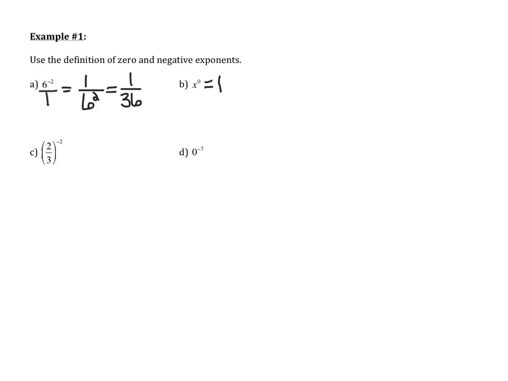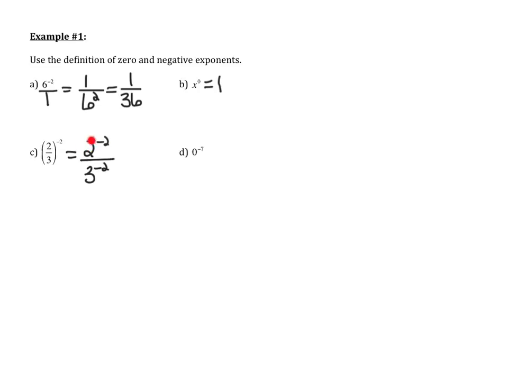For problem C, I have 2/3 all raised to the negative second power. So the first thing you need to remember is that when I have a power on the outside here, I just need to take the power to the 2 and the power to the 3. So I can say that that is 2 to the negative second over 3 to the negative second. Now I cannot leave my answer with negative exponents.